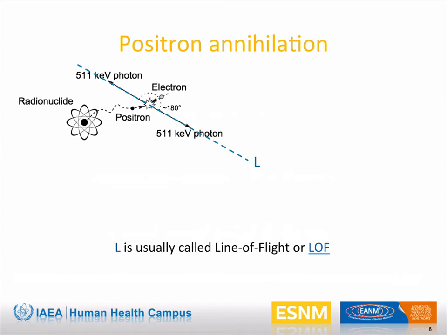Thanks to the nearly collinear emission of the gamma-ray pair from the annihilation of the positron with an electron, it is possible to define the line L along which the annihilation occurred. The line L is usually called line of flight, or LOF.